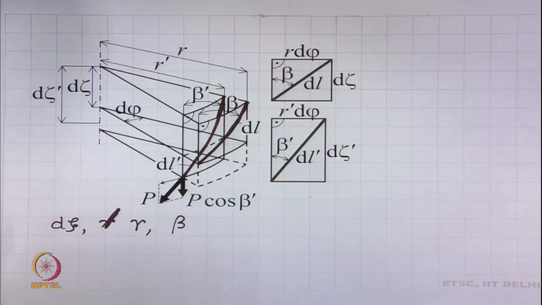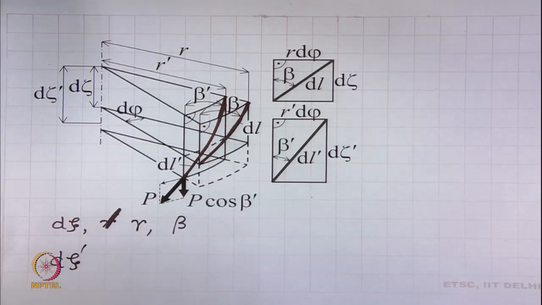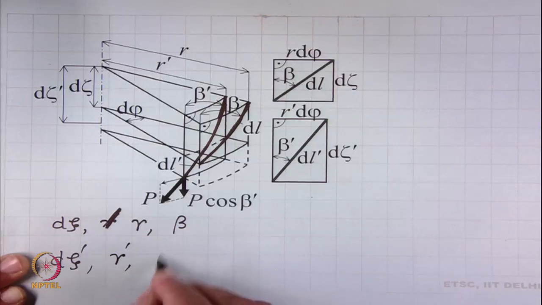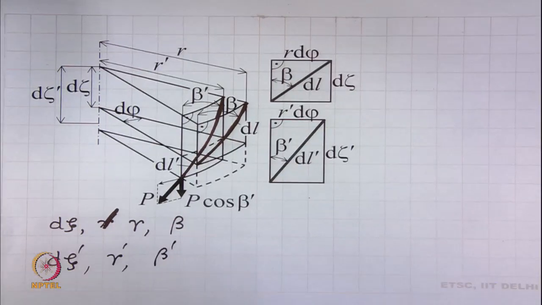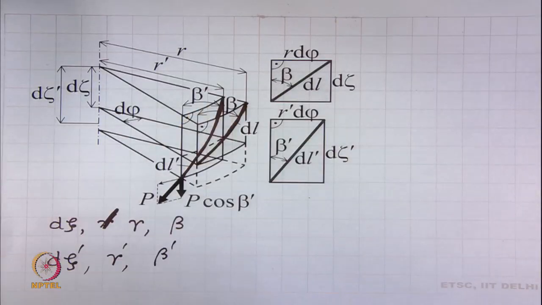So the axial position is changing, this is the increment along the axis of the yarn, its radial position is changing and also its angle is changing. So these three quantities determine the position of the fiber element after elongation of the yarn.